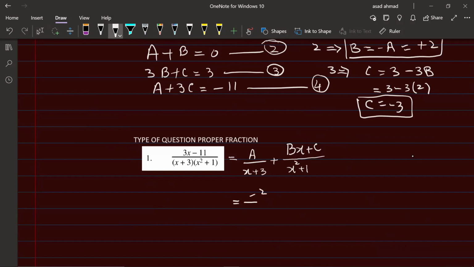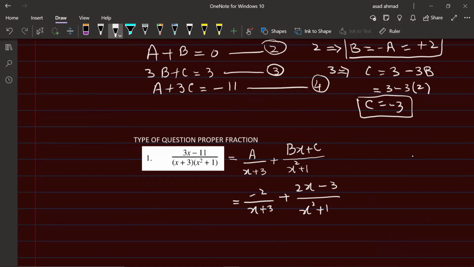Minus 2 over x plus 3. B is plus 2. So 2x, in place of B, we will substitute the value of 2. In place of C, this is minus 3. And this is how the question will be completed.